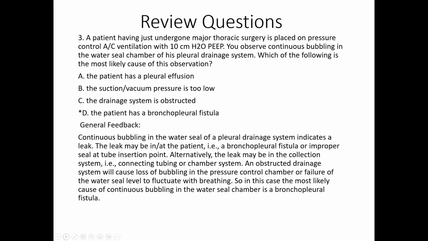So in this case, the most likely cause of continuous bubbling in the water seal chamber is a bronchopleural fistula. There's no indication, again, of an equipment issue. So they're telling you that it's in the patient.